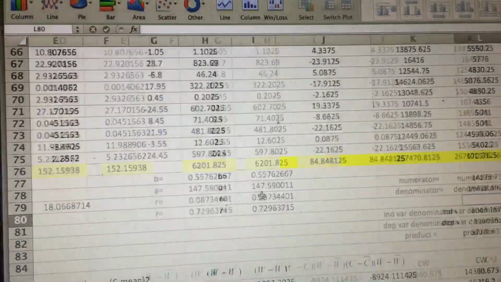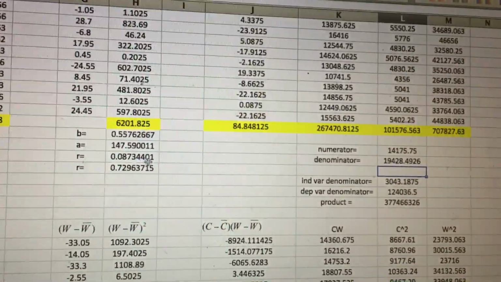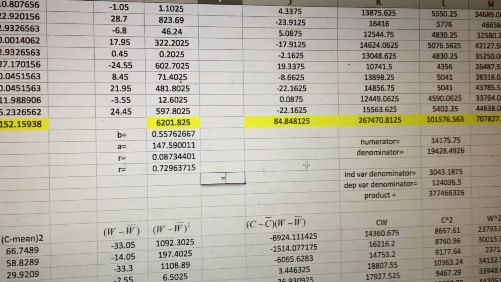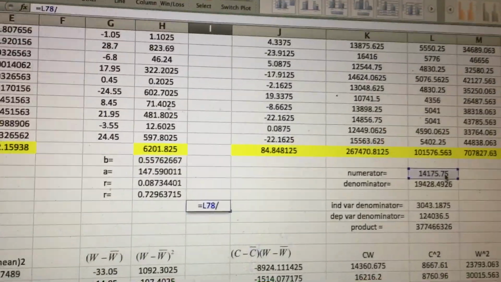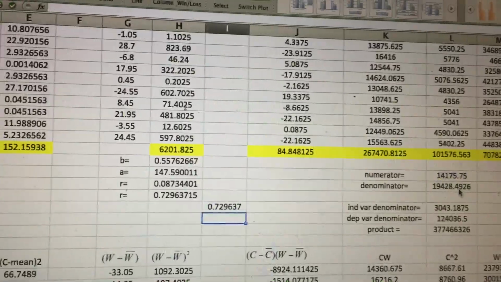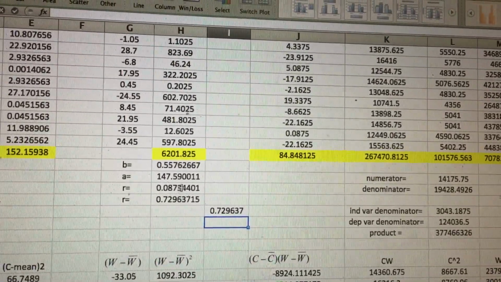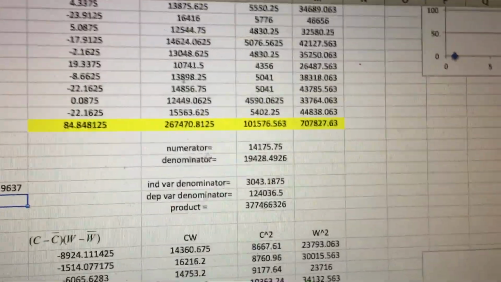That's right. Is there anything else that I'm missing? Let me try that again because something went wrong. I have to check my numerator. For some reason these two are coming out different. I will have to take a look.